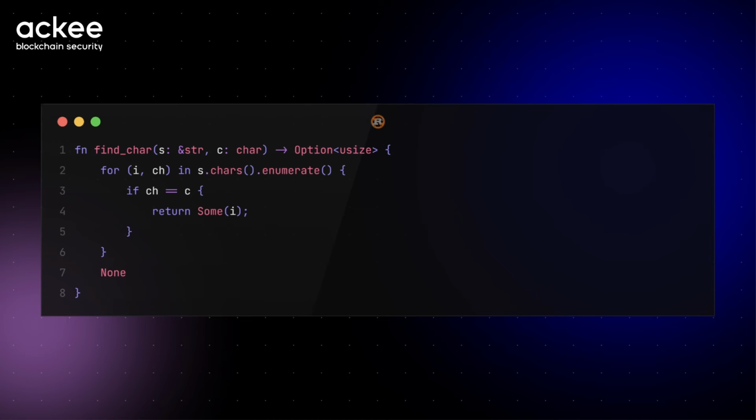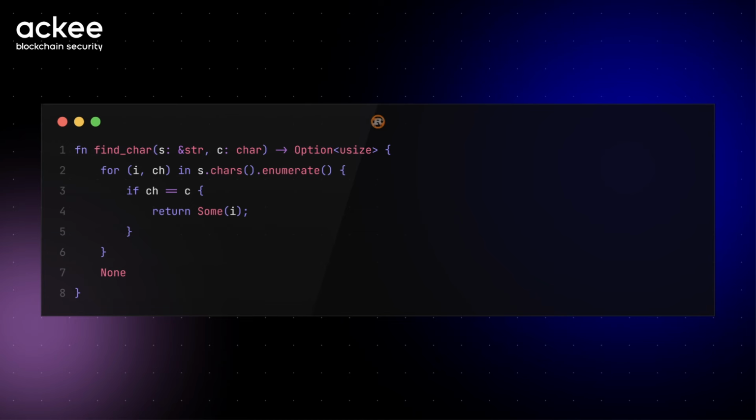What this function performs is that it loops through the characters of S. The enumerate actually also returns the index on which we currently are.